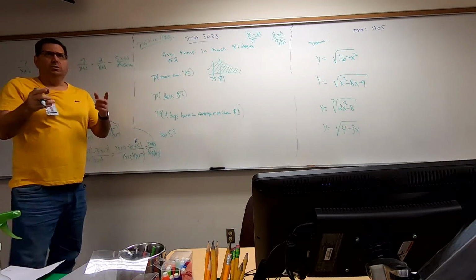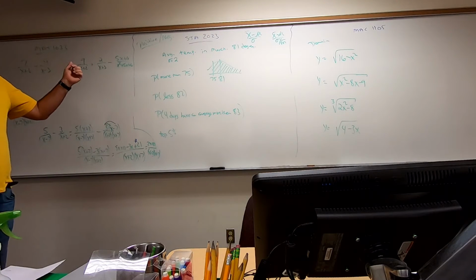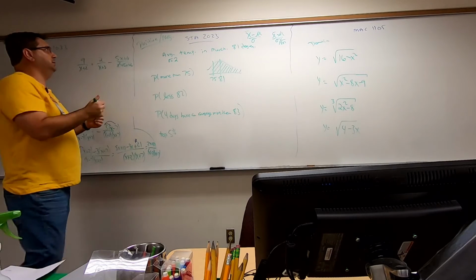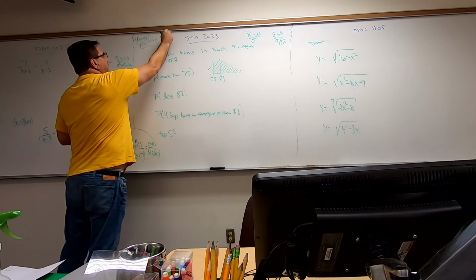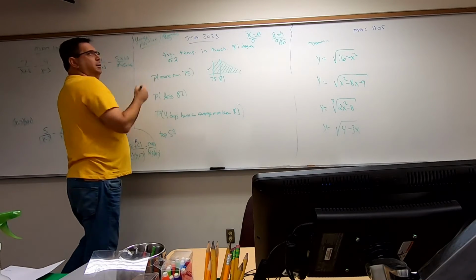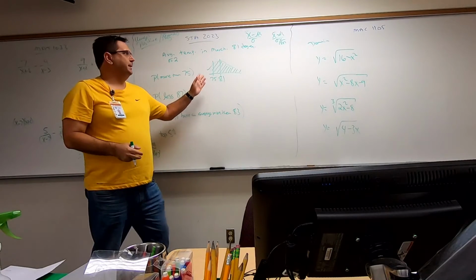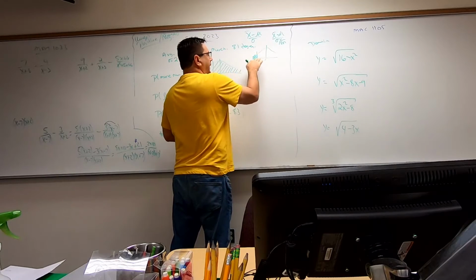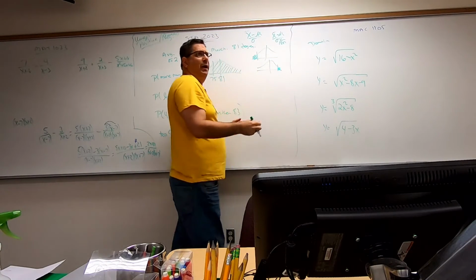We use them equally, but we don't use them based on the z-score being positive or negative. We use them based on large area and small area. So if the picture I'm looking at is a small area, and by small area I mean less than half, and it can be less than half on either side.